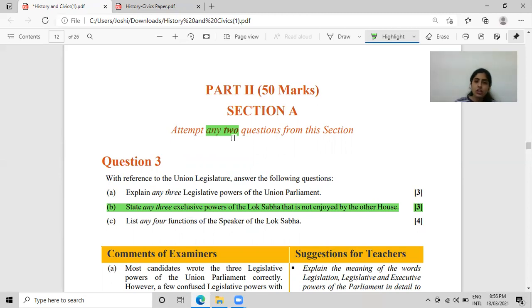If we prepare all the chapters, we can confidently attempt all the 30 questions of part 1. Then we can be relaxed in part 2, because as it is, we'll be prepared with all the chapters. So in part 2, it will be fun. It will be actually nice to first of all analyze which 6 questions you are confident enough and then attempt it. So let's concentrate on question 3.